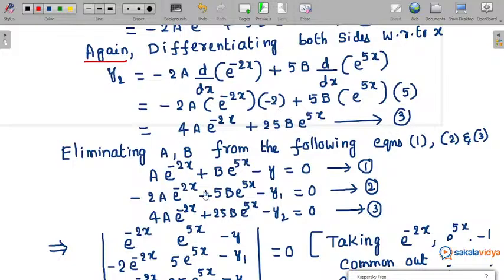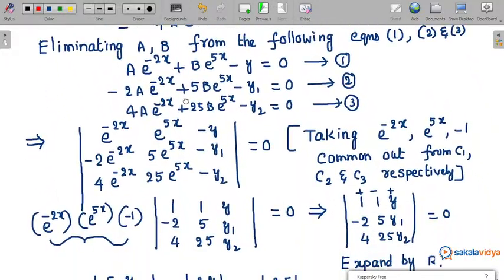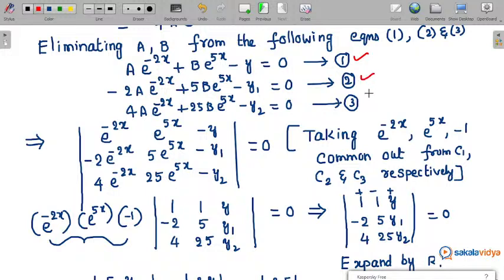So now eliminating a, b from the following equations 1, 2 and 3. That means we need to rewrite equation 1, equation 2 and equation 3 like this.